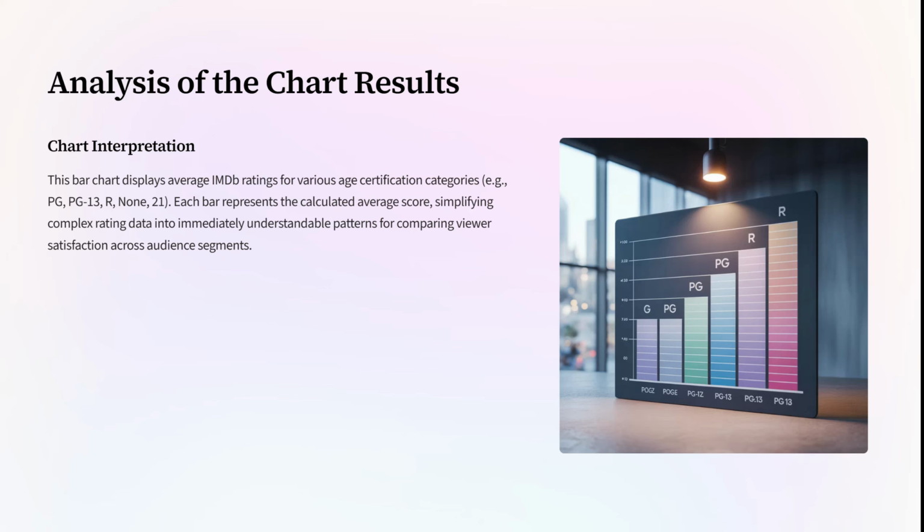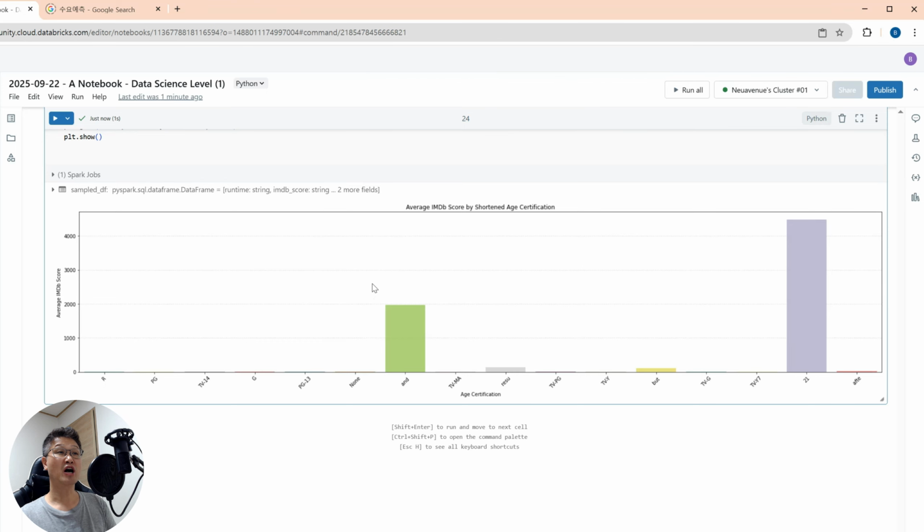Now it is time to analyze this chart: average IMDb score by shortened age certification. This bar chart shows the average IMDb ratings for different shortened age certification categories such as PG, PG-13, R, G, TV-Y, and TV-14 or 21.